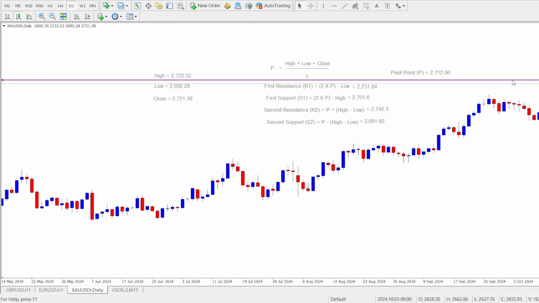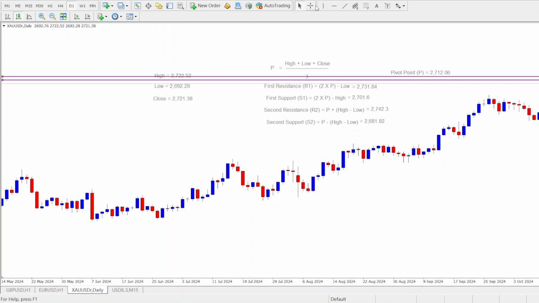So the first resistance is somewhere around here. Our second resistance is somewhere around 2742. So at the start of the next day or within the next trading day, we could see possible rejections around these zones.